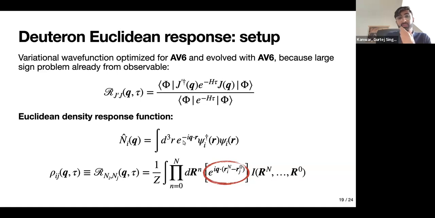And of some interest as a candidate observable in this class is the density response function in particular. So if I make those currents be the number operators for the ith particles projected to some momentum q, then I can plug this into my formulation and I have some kind of Euclidean density responses rho sub ij, where these are the nucleon indices.